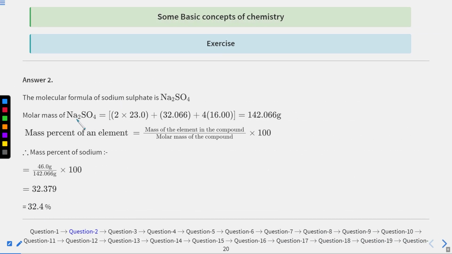So let us see the solution. First of all, the molar mass of sodium sulfate is calculated this way, which gives us 142. Now for each element we will calculate separately. For sodium, it will be 46 by 142 into 100, that would give us 32.4, right?